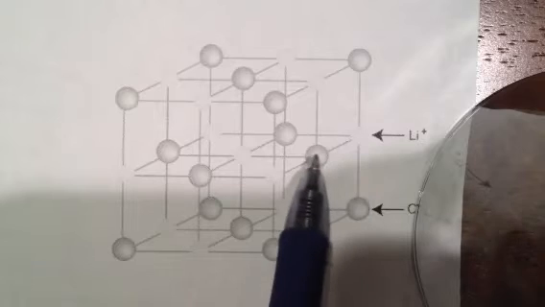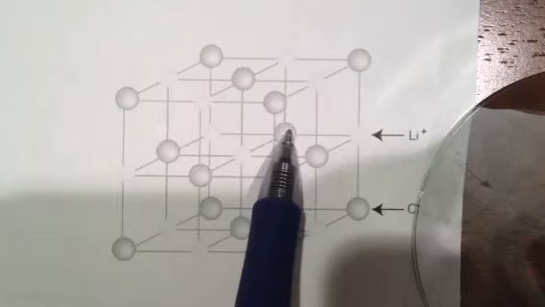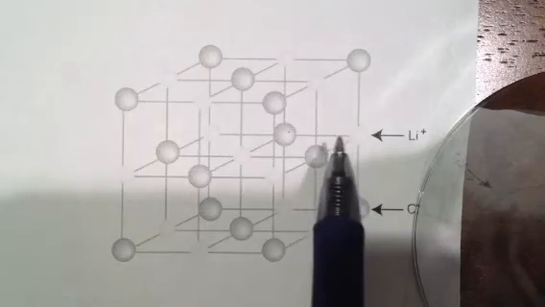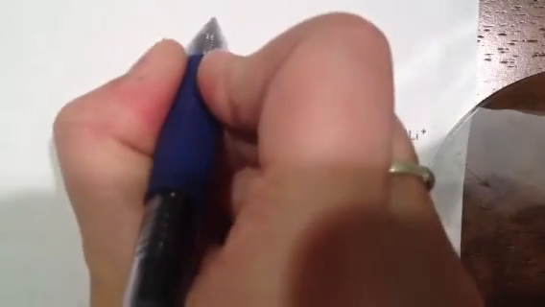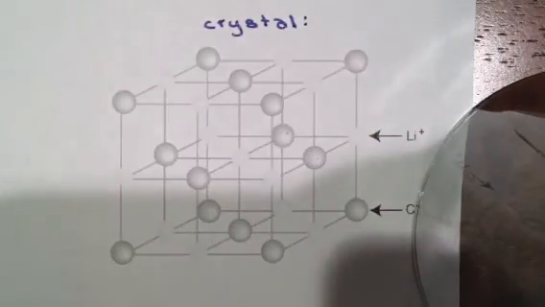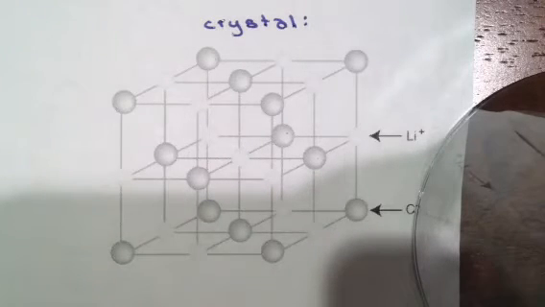Okay, so there's going to be a chloride here, a chloride here, a chloride behind it, a chloride right here, a chloride on the other side. It's like a cube with lithium in the center. Okay, and this is actually called a crystal. Ionic solids create crystals. It's a very organized, very well structured solid.